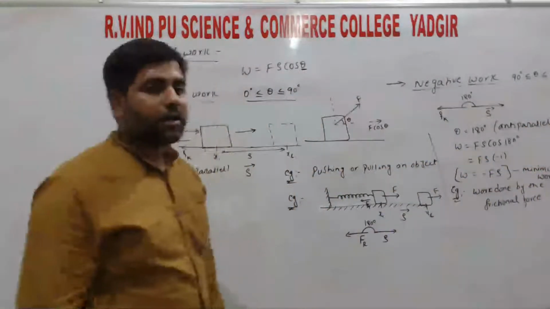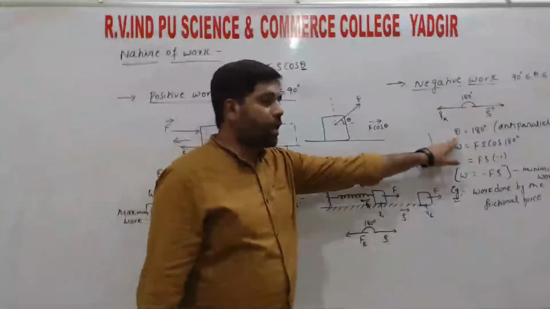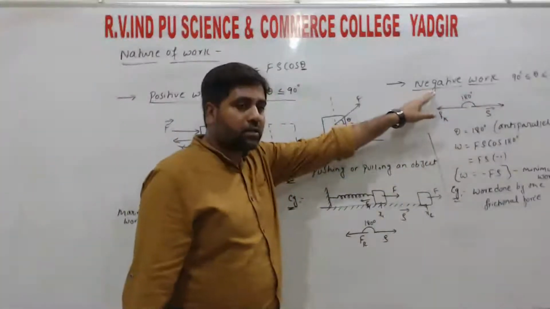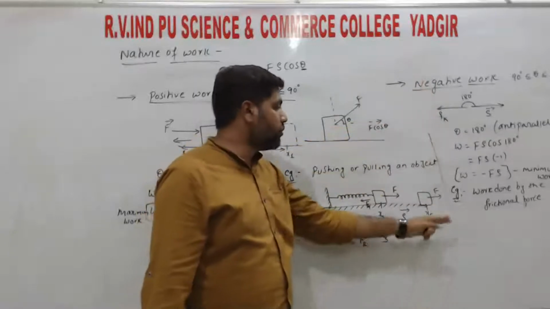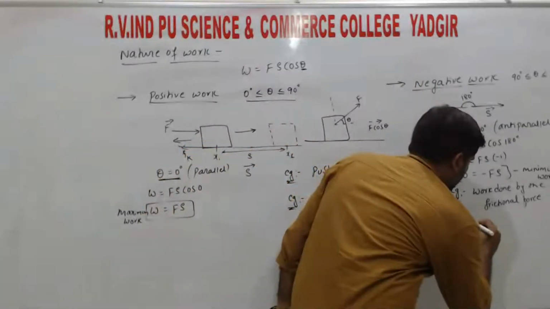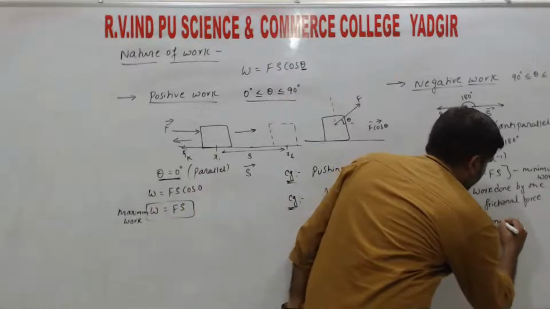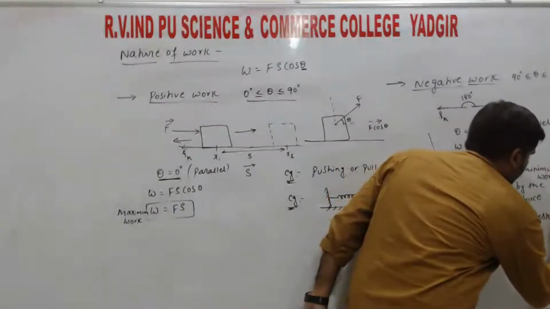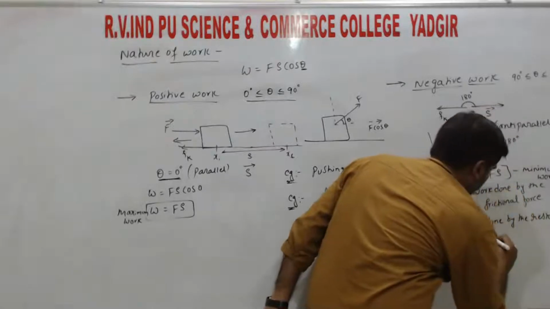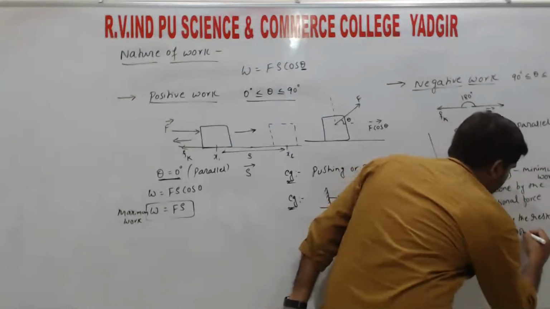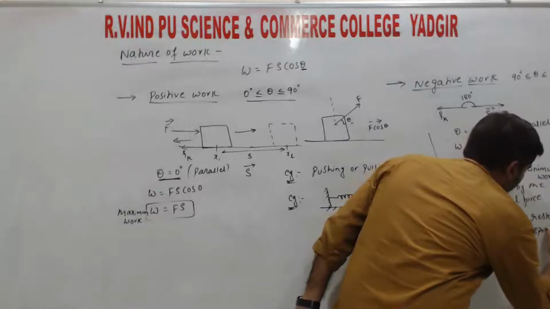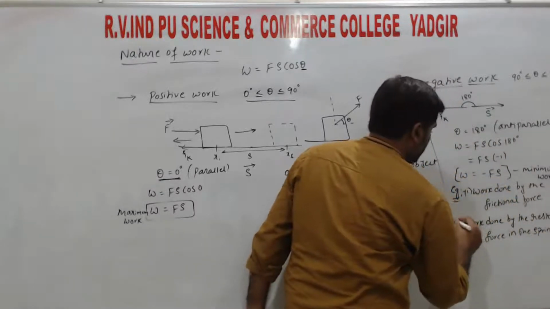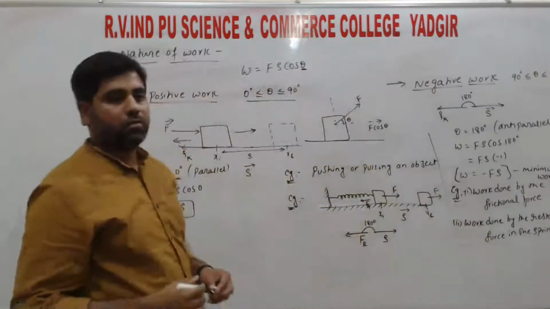Force and displacement are both anti-parallel, then that type of work we call negative work. For example, work done by the restoring force in the spring, right? So these are the two examples for the negative work, right?